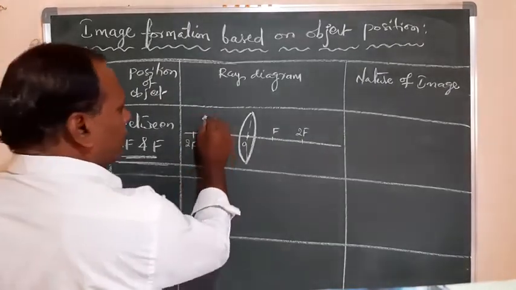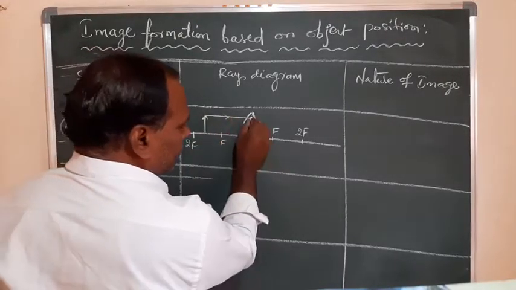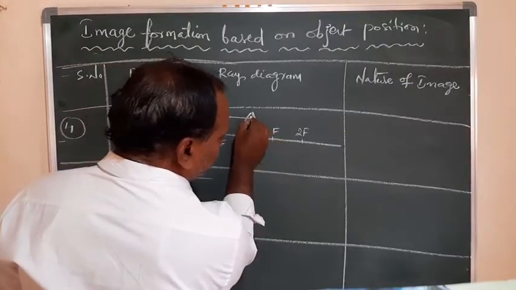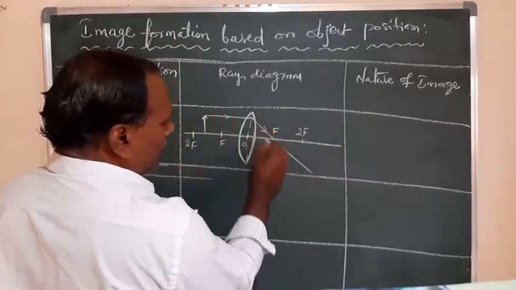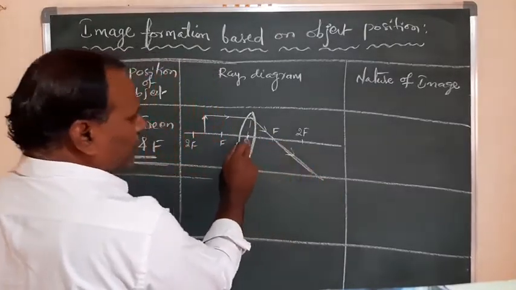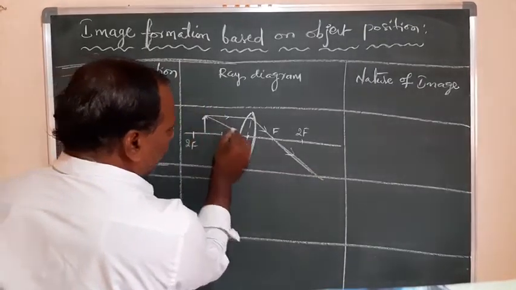For this object, how can you get the image formation? One of the rays I draw parallel to the principal axis, which passes through the focus. This is one of the rays, and another one is made to go through the optic center.